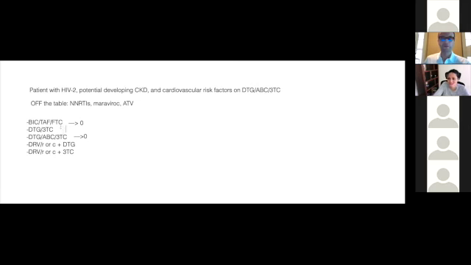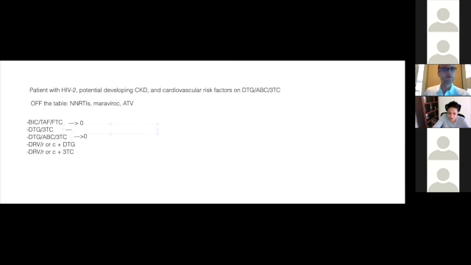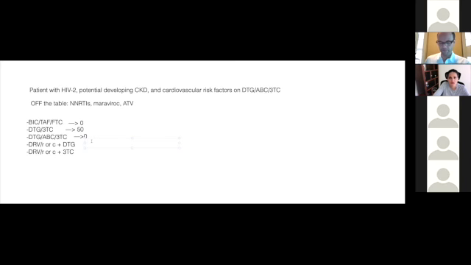All right, so I'm going to say 50. How many people would do boosted darunavir plus dolutegravir? Maybe a couple. All right, very reasonable option. And how many people would do boosted darunavir plus 3TC? That's a 0.